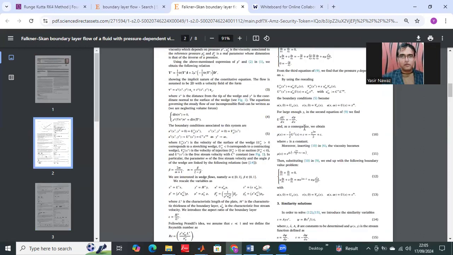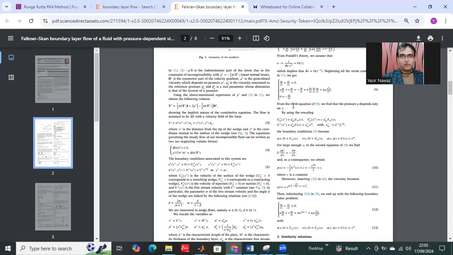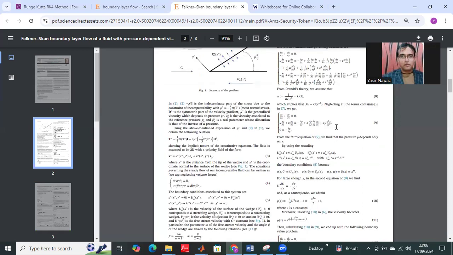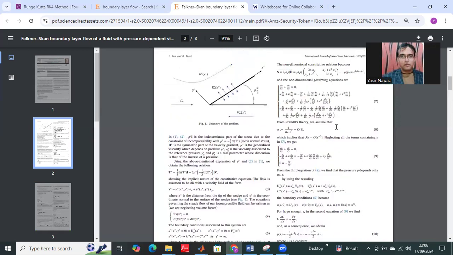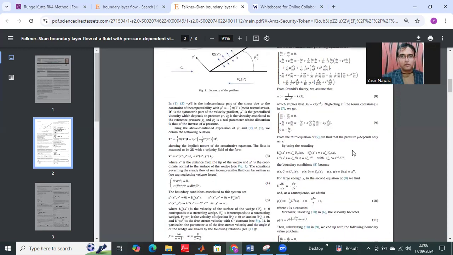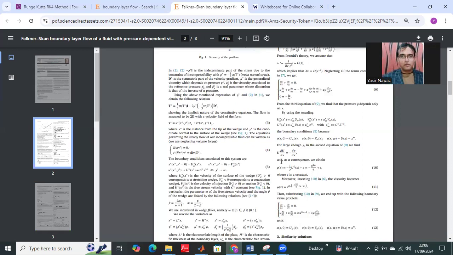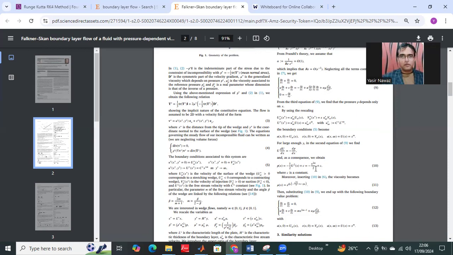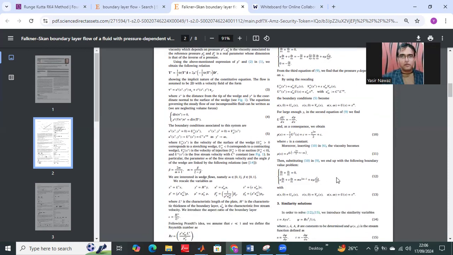There were some assumptions, and first the problem seven is reduced into equation nine, and then using u du by dx equal to minus dp by dx, and p of x equal to that, the problem reached equation 12.